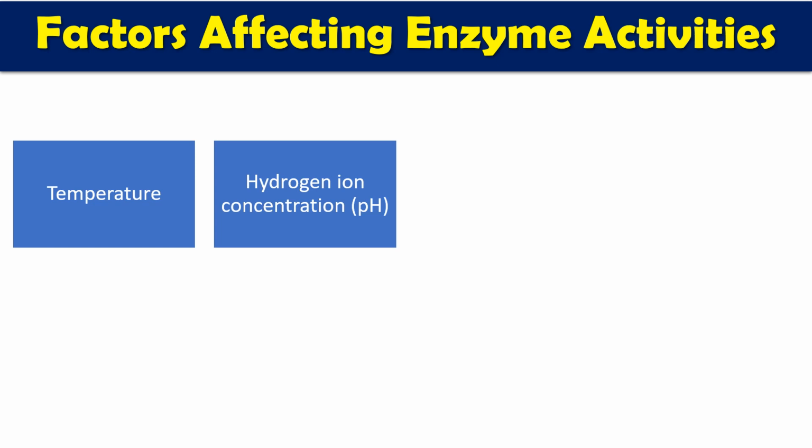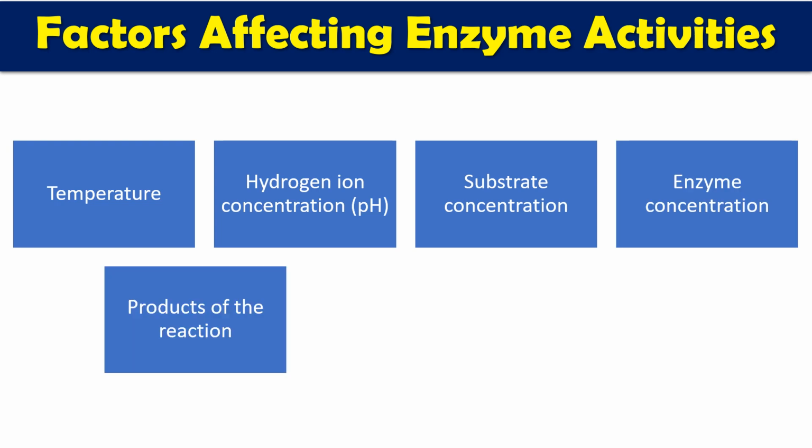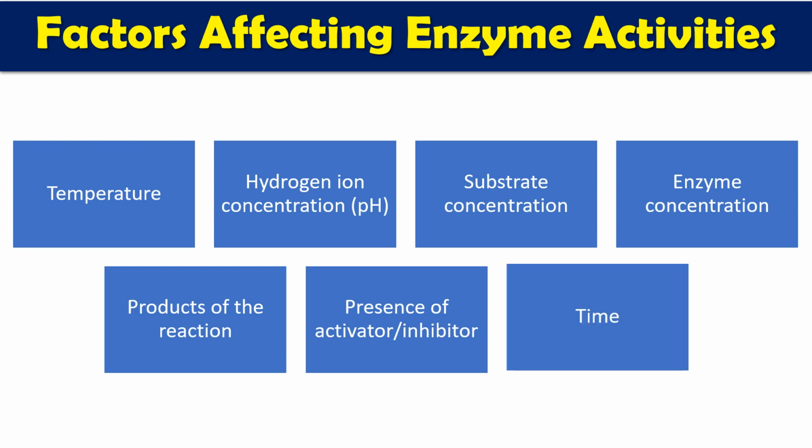Then we have pH, that is hydrogen ion concentration, because hydrogen ion concentration also affects the enzyme's protein three-dimensional structure, the tertiary structure. Then substrate concentration, enzyme concentration, product concentration, then the presence of either activators or inhibitors in the medium, and the last one is time, meaning how much time you provide to the enzyme catalyzed reaction.